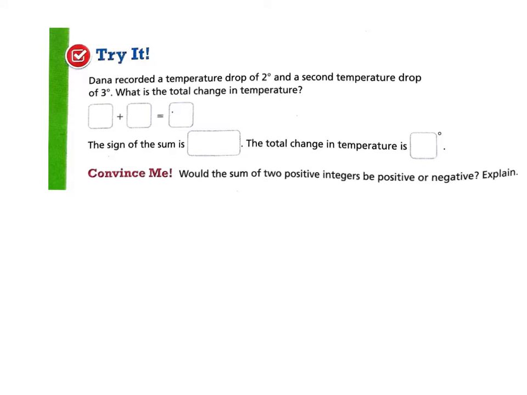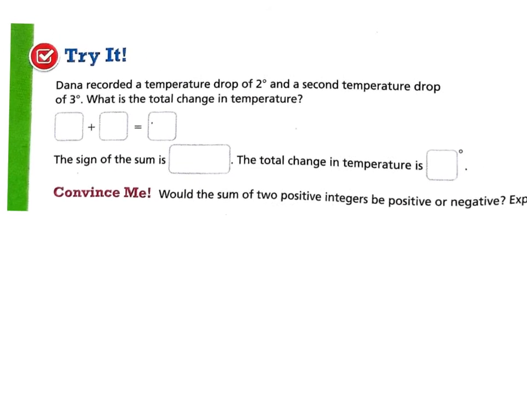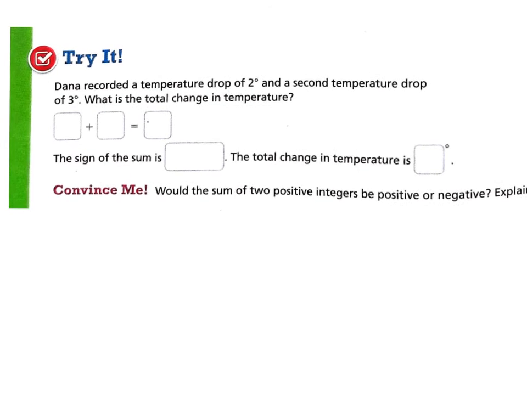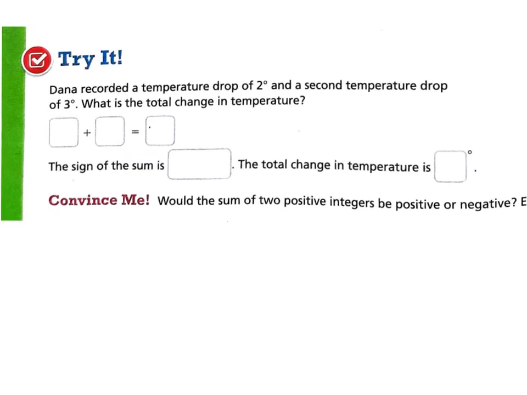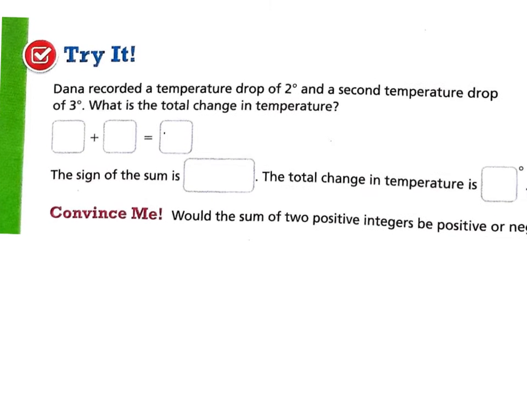Try this: Dana recorded a temperature drop of 2 degrees and a second temperature drop of 3 degrees. What is the total change in temperature? So a drop is going to indicate that it's a negative.